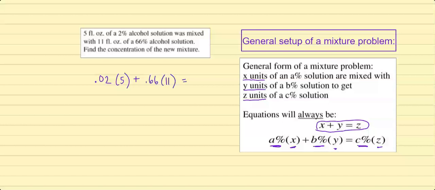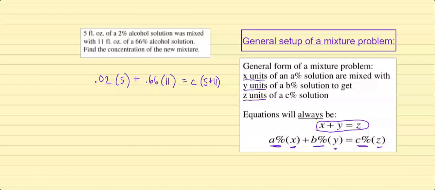And then that will equal C%, the part we don't know, so I'm going to just leave a C there, of the new mixture. And remember, Z is X plus Y, so that would be 5 plus 11. So we have an equation with one variable. We just need to solve for C.